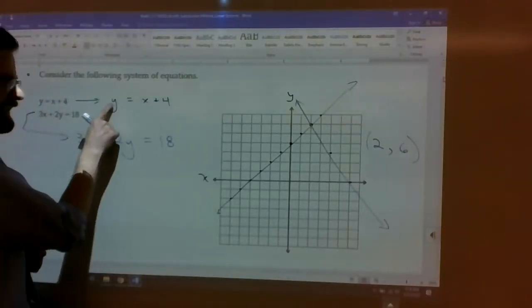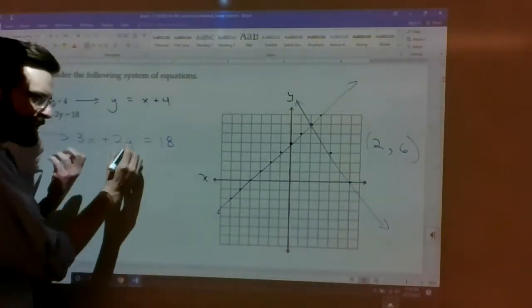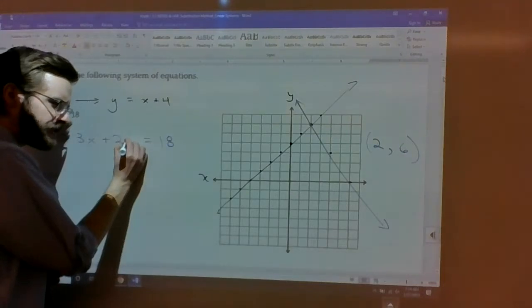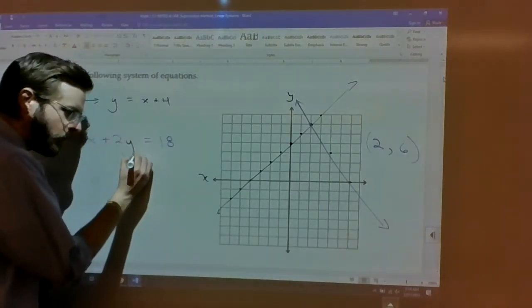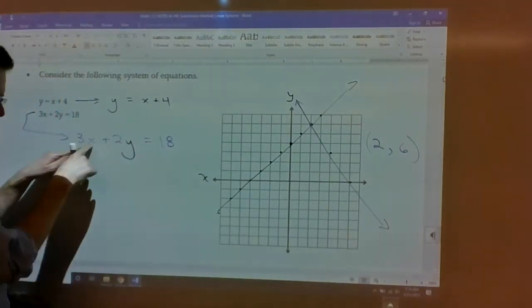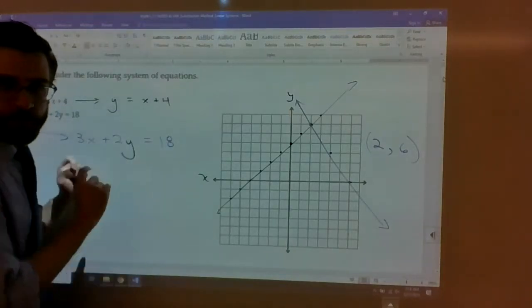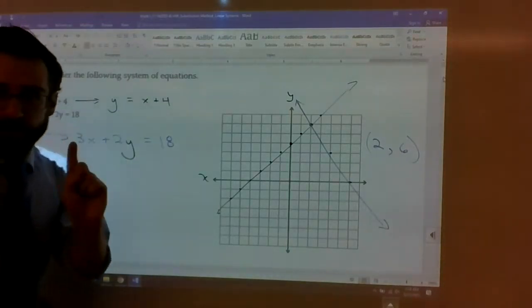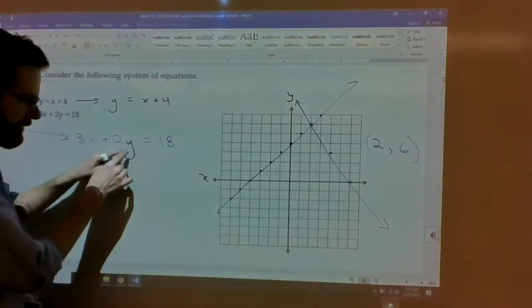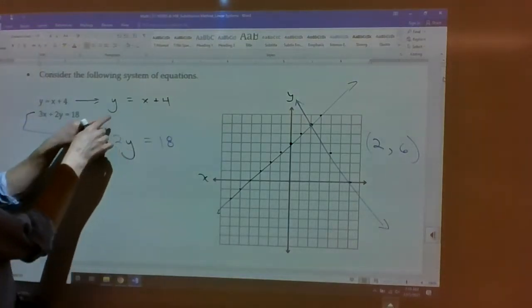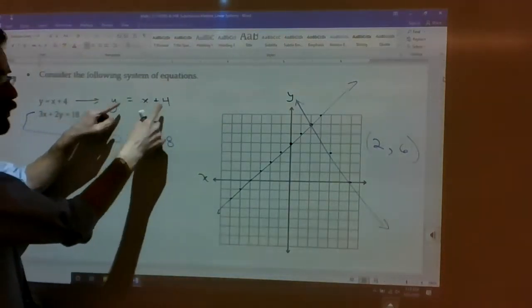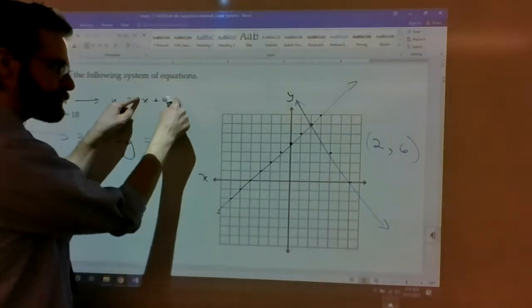If I were to take this y value and consider it as a black ink y, okay? Everything else is purple except that y is black ink. What I can do is say this y has the same value as that y, which can be defined as x plus 4.